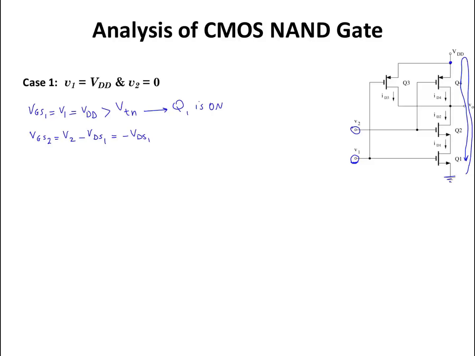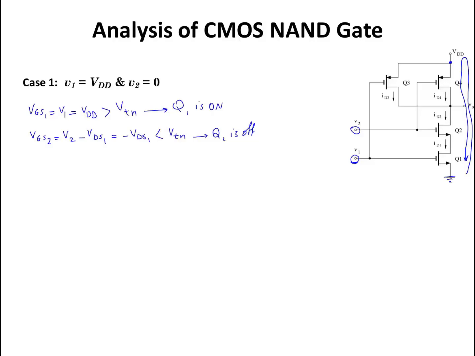So this VDD is going to be distributed among the drain to source of Q4, Q2 and Q1. So VDS1 is either 0 or has a positive value. As a result, negative VDS1 is zero or negative, which is less than the threshold voltage for NMOS, a positive number. From there, I know that Q2 is off.